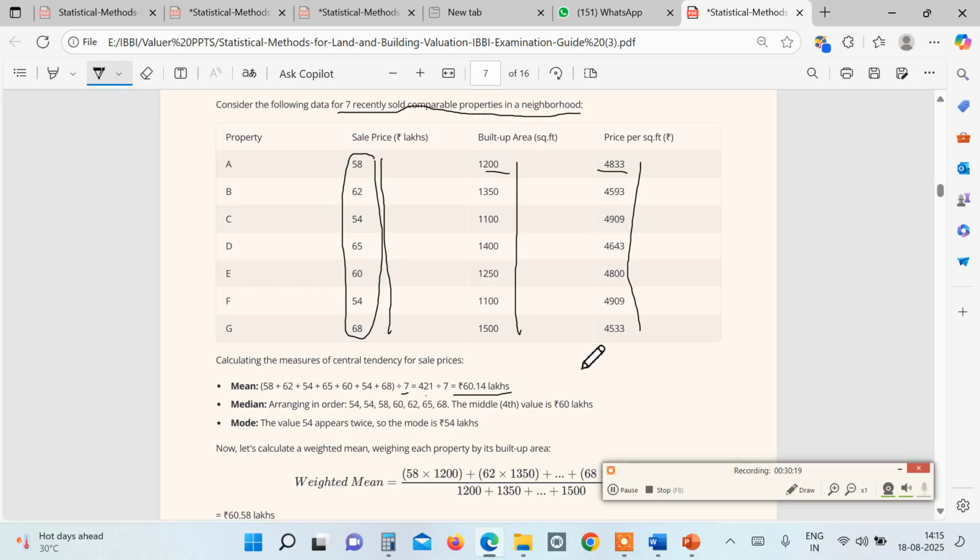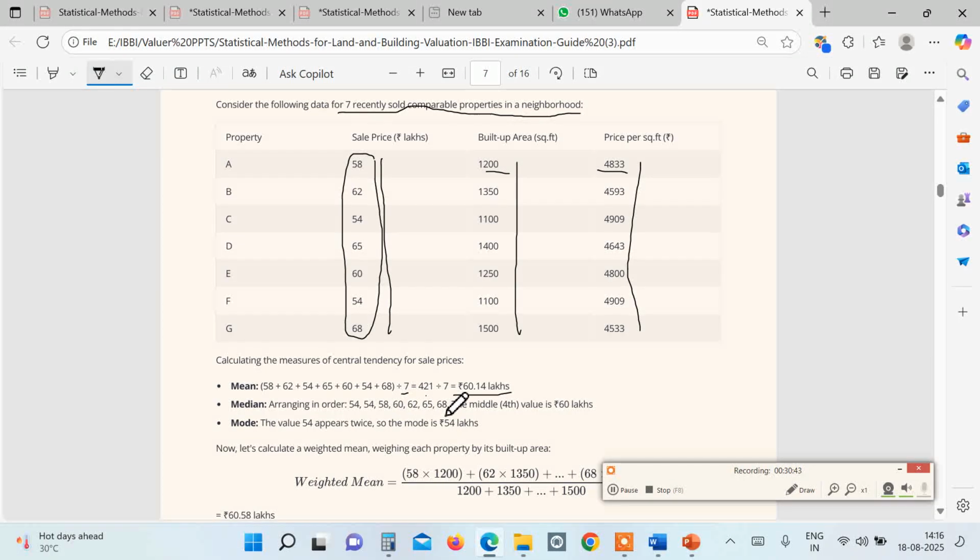And for median, you arrange these values in ascending order: 54, 54, 58, 60, 60, 62, 65. See here, the number of values are 1, 2, 3, 4, 5, 6, and 7.